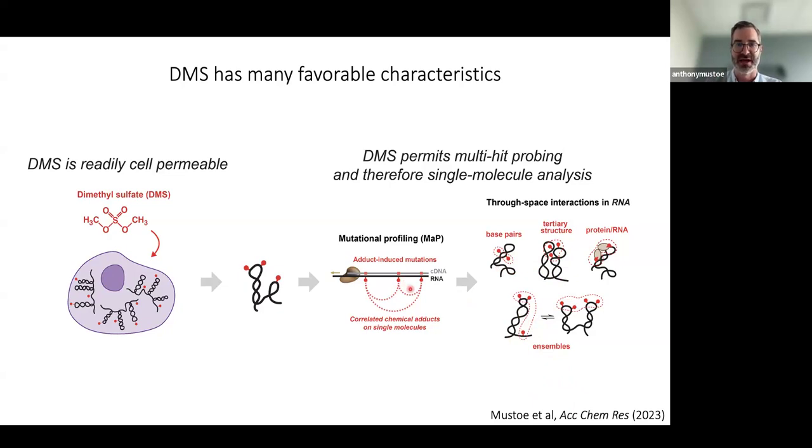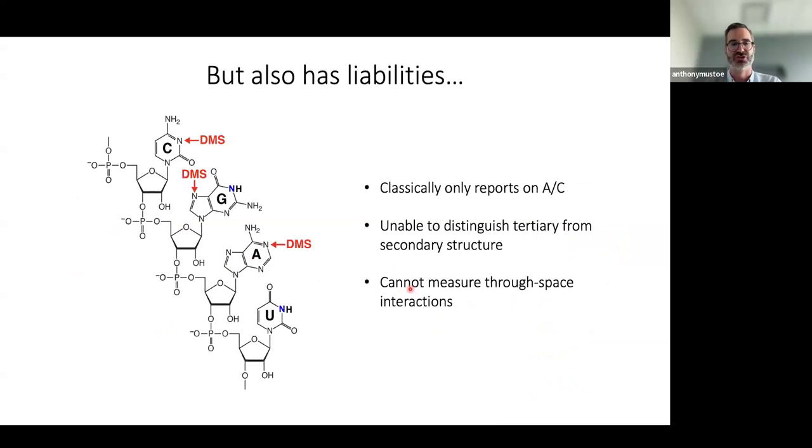Since I was a postdoc in Kevin's lab, I've been interested in trying to improve DMS and specifically address some of the liabilities that DMS has. Classically, it only reports on A and C nucleotides, it's unable to distinguish tertiary from secondary structure, which is common to many chemical probes, and it can't measure through-space interactions.